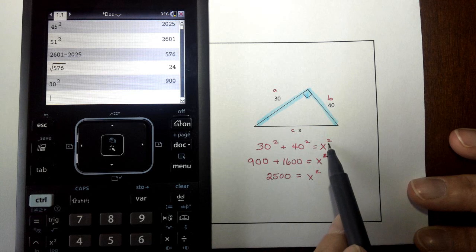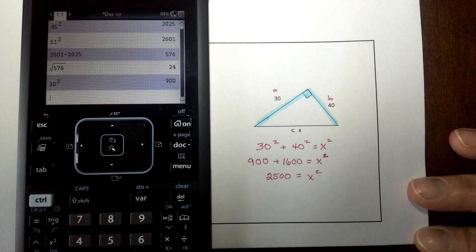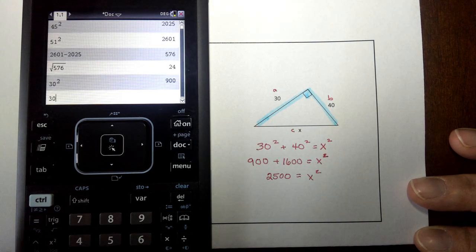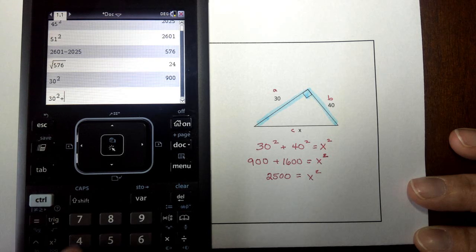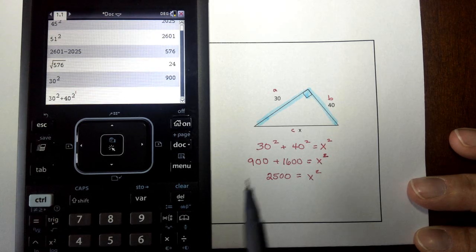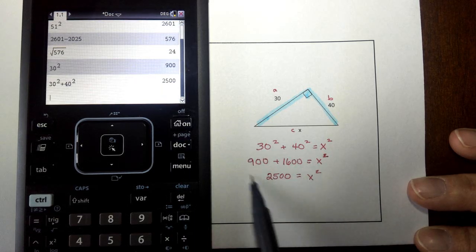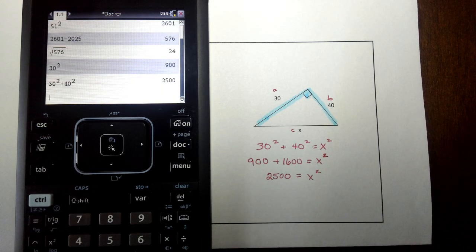If you want to skip from the first to the last, you could do 30 squared plus 40 squared, since they're on the same side of the equation, and skip to 2500 in a single step. How convenient that is depends partly on what kind of calculator you're using.